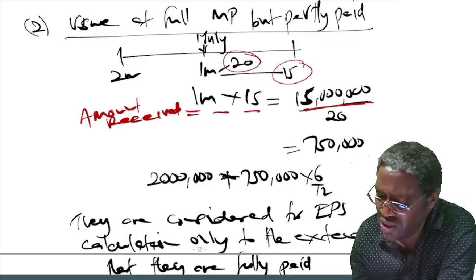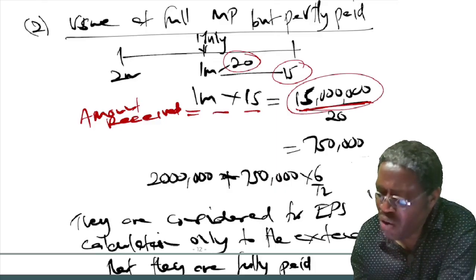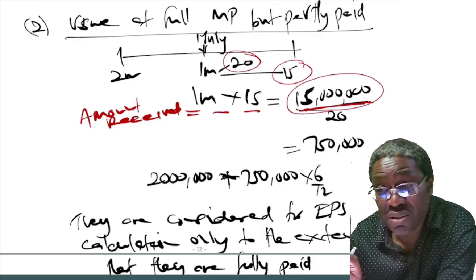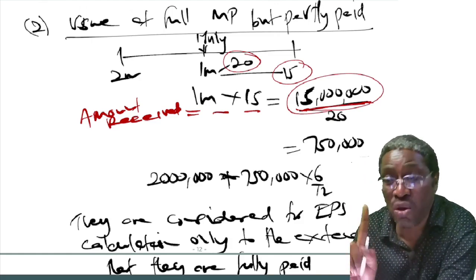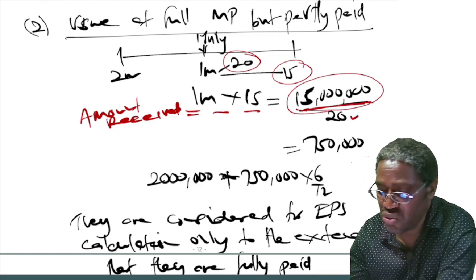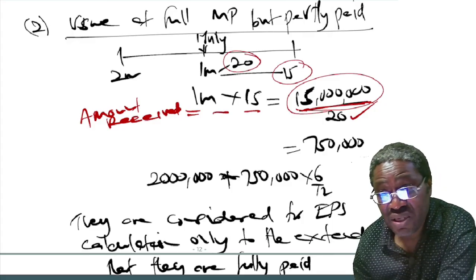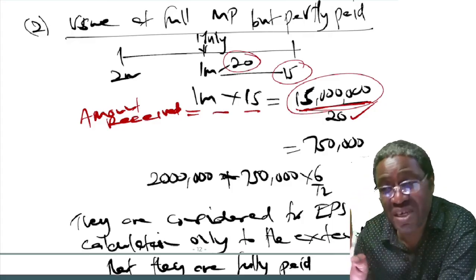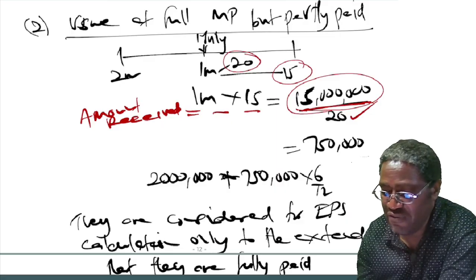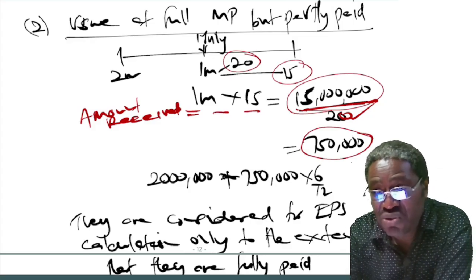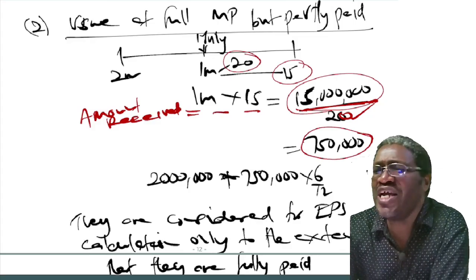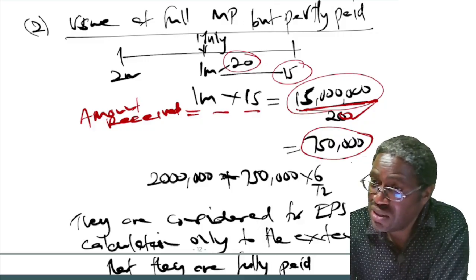So this 15 million that they have given us, how many shares would it have bought if they were to go to the stock market? They would find one share being sold at 20. That means their 15 million would only be enough to buy 15 million divided by 20. That comes to 750,000 shares. So that 15 million is only enough to buy 750.